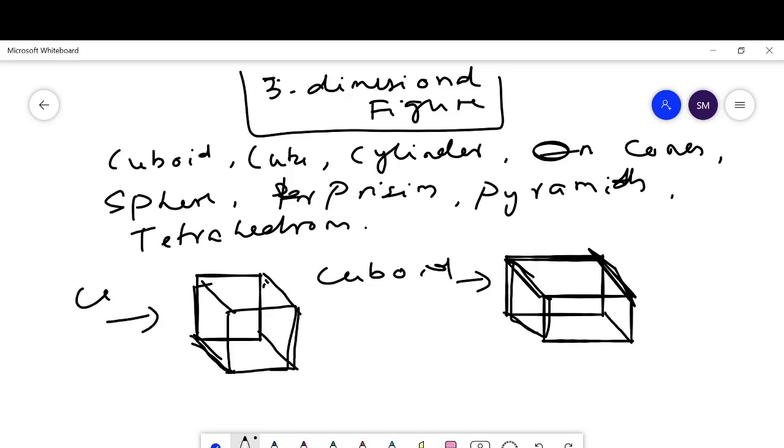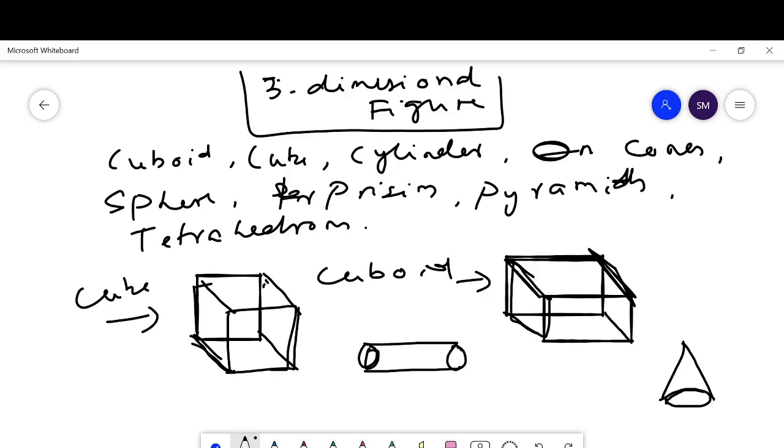This is a cube. Then a cylinder is like this. This is a cylinder. Cone is also like this. This is also a three-dimensional figure. Three-dimensional figures having flat faces are cube, cuboid, prism, pyramid and tetrahedron.